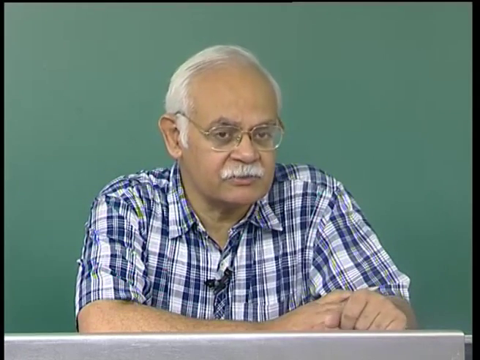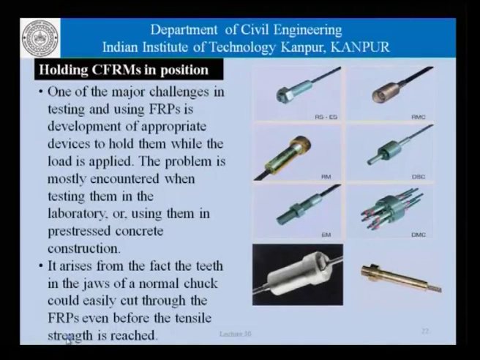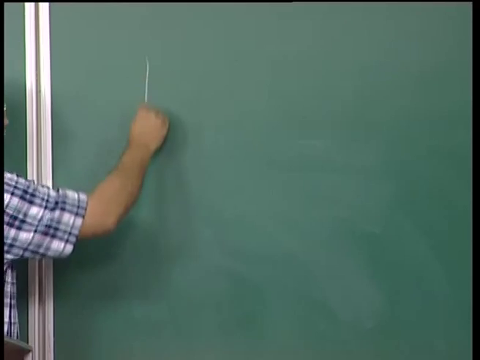And this is more or less similar to the device that holds a specimen in position when it is tested in the laboratory. The problem arises from the fact that the teeth in the jaws of a normal chuck could easily cut through the FRPs even before the tensile strength is reached.